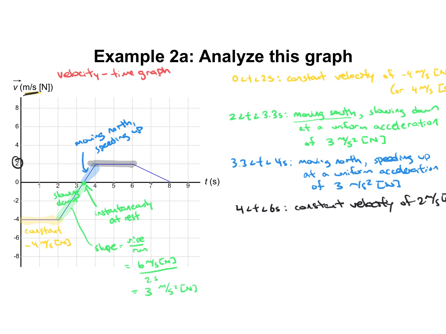And then the final section, the function drops back down to 0. So it goes from 2 meters per second down to 0 meters per second. So that means it's slowing down, right? It's going from 2 meters per second to 0 meters per second. It's slowing down to a stop, actually.